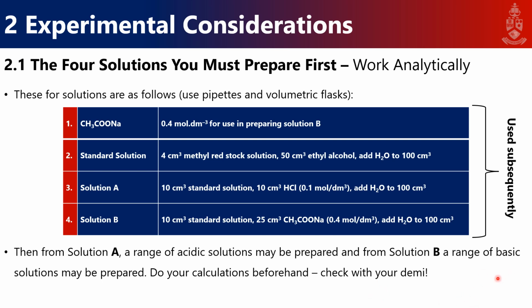They will be able to assist you should you have made a mistake. Remember also, when you are making up these solutions, work analytically. So in other words, you need to use pipettes and volumetric flasks. You can't be using beakers and gung-ho cowboy ideas like you did in 385. This is the physical chemistry lab. Okay.